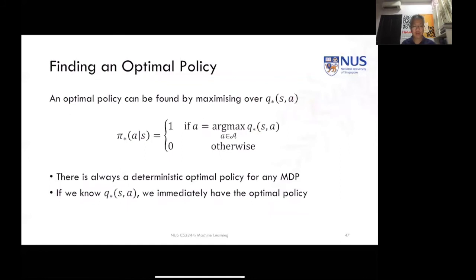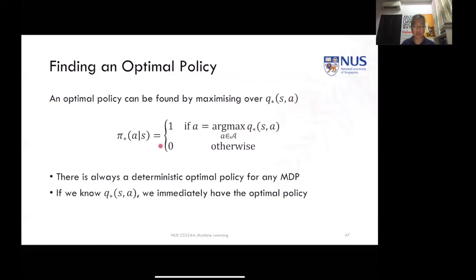Okay, so we're going to find this optimal policy, like we said, by maximizing Q star over all of the possible actions. A particular action is going to be the right one to take if it maximizes our Q value for that particular state over all of the actions. Otherwise, we are simply not going to take that transition.